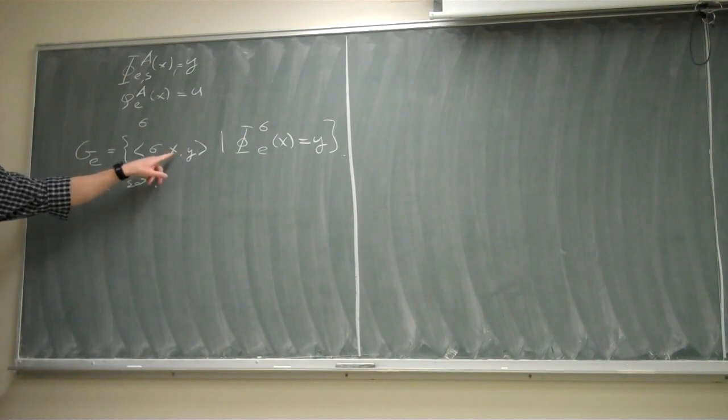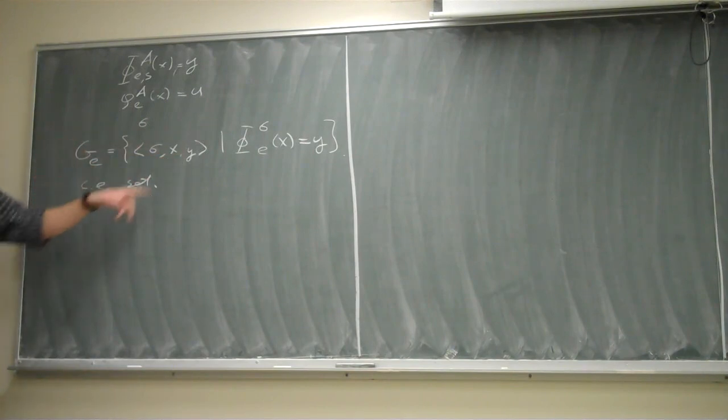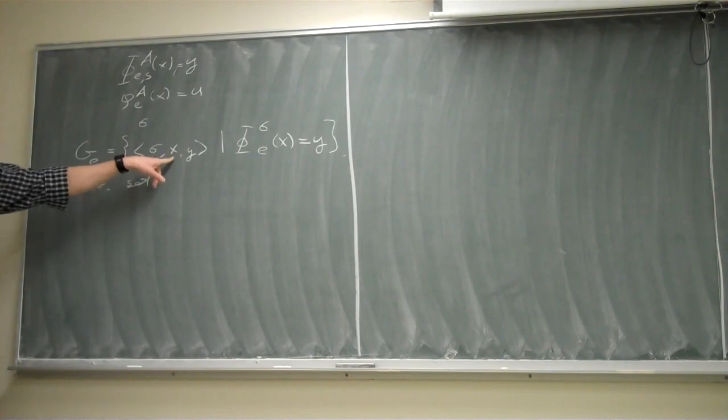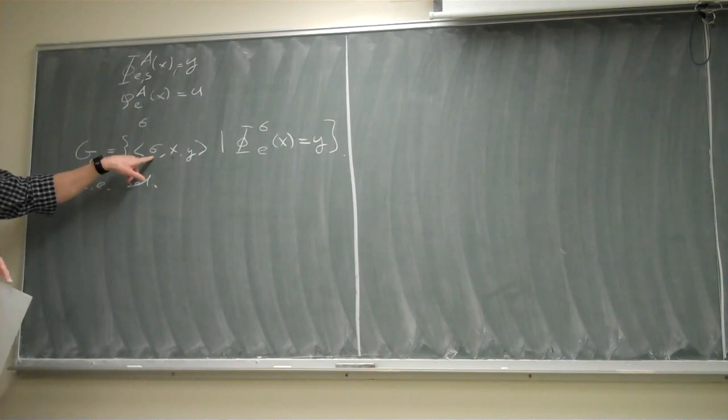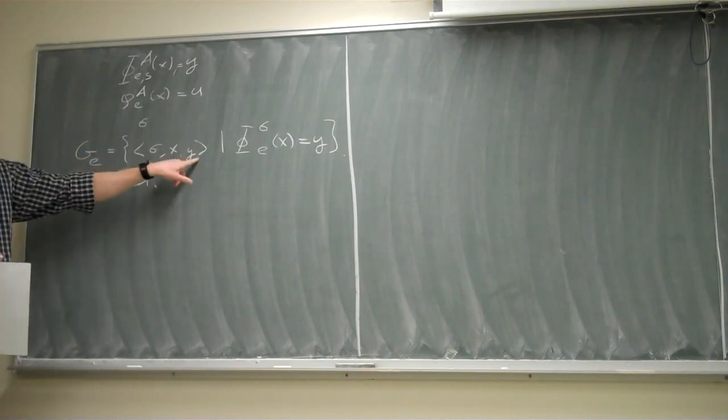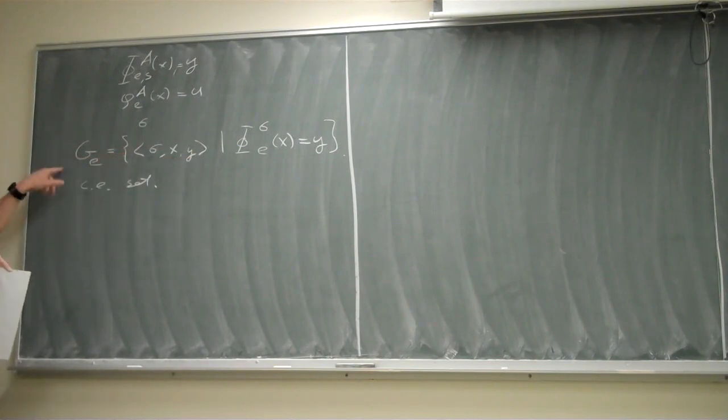Well, how do you do this? You start enumerating this set, every time you find a triple where the second coordinate is x, you look at the first coordinate sigma, and you ask the oracle queries of your oracle to see if its initial segment corresponds to this sigma. If it does, then you output y. If it doesn't, then you go back to enumerating until you find the next one.